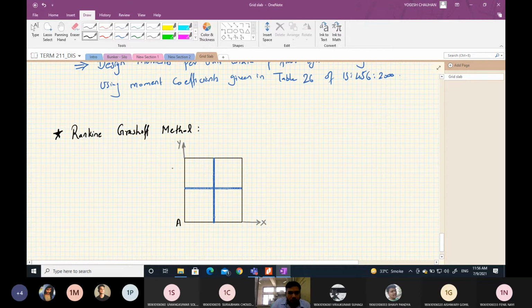Let this be point A, this is B, this is C, and this be D, and let this be point E, this be F, G, and H. Let the span length along x direction be Lx, and the span length along the y direction be Ly.